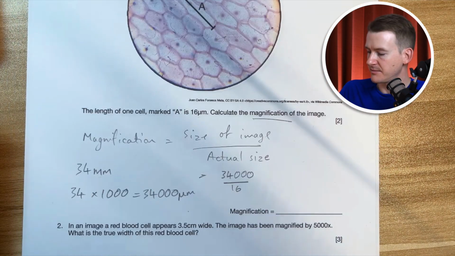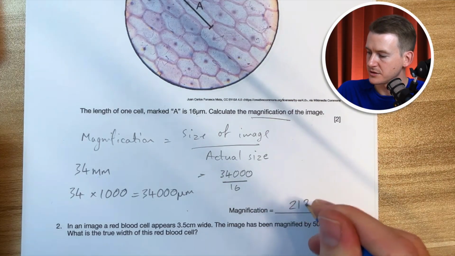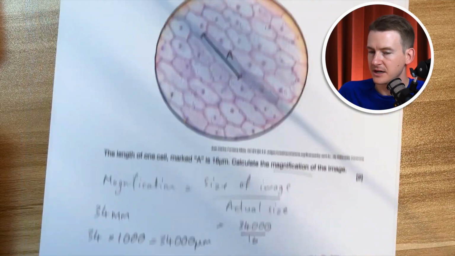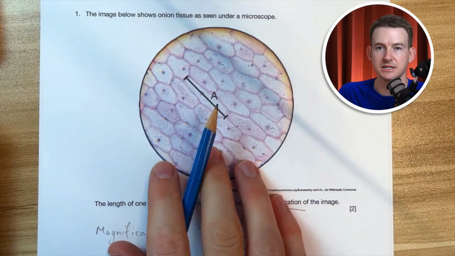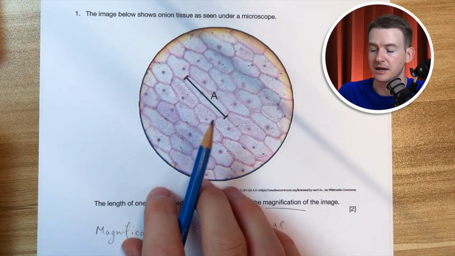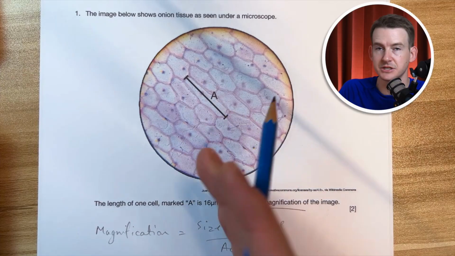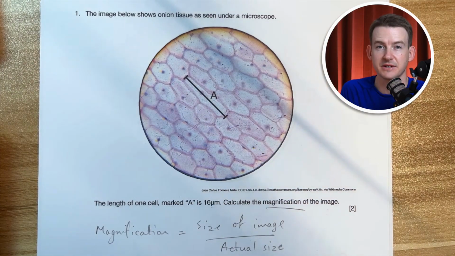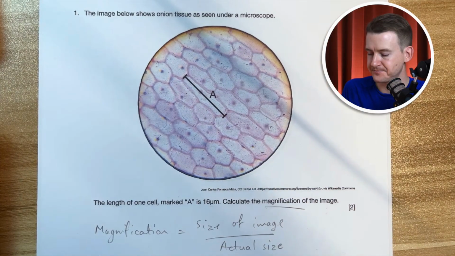So my magnification is 2125. That tells me that this picture right here is 2,125 times bigger than real life. This one cell here is shown 2,125 times bigger than the cell really is.